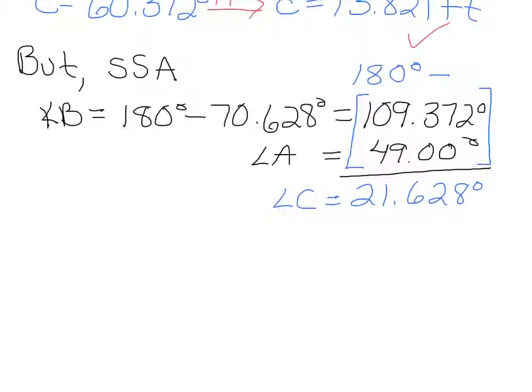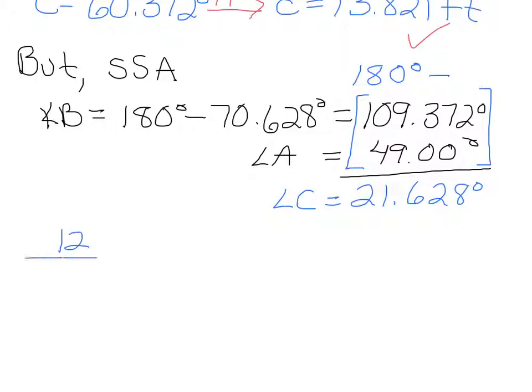Okay, so let's find what side C would be if angle B is obtuse. So here we go. Still, again, we'll base it on what we know. 12 is to the sine of 49 degrees as C is to the sine of 21.628 degrees.